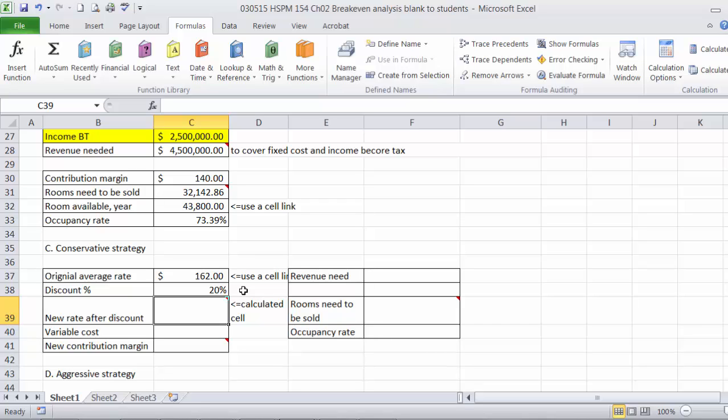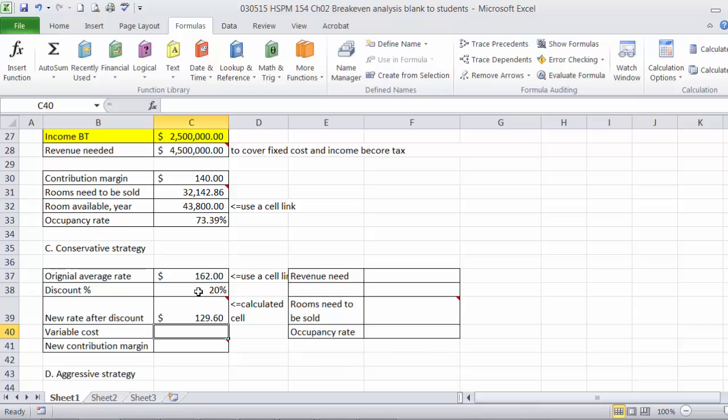Then what's the new rate after discount? That would be the original average rate times 1 minus the discount percentage. Would that make sense? Okay. So the new rate is 129.